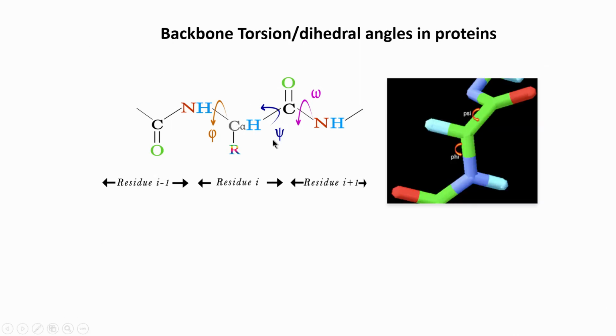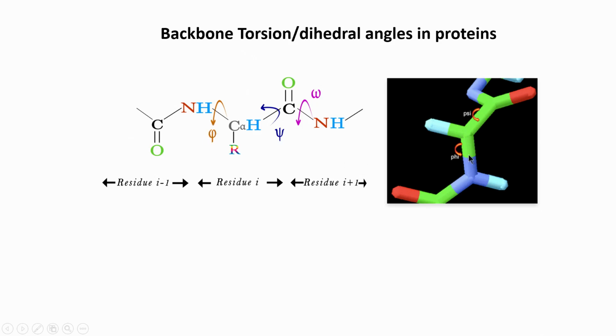You can see this is a more 3-dimensional picture of how the torsion angle is defined. This is a rotation around this bond. If this set of atoms and this set of atoms rotate around this bond, that corresponds to a phi rotation of this torsion angle.